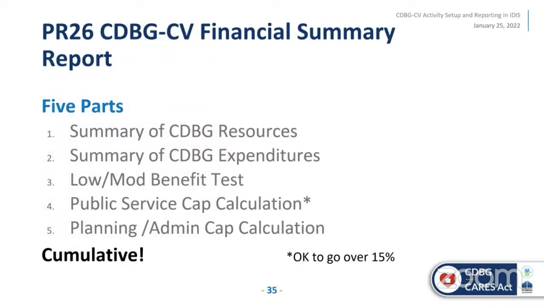First of all, there are 5 parts, just like the regular PR26 report. You're going to have your summary of CDBG resources, your summary of CDBG expenditures. Again, this is all CV. You're going to have your low mod benefit test section, a public service cap calculation section, and a planning and admin cap calculation section.